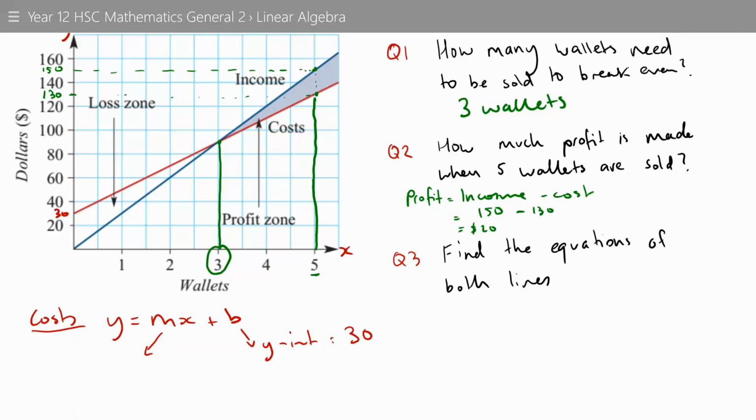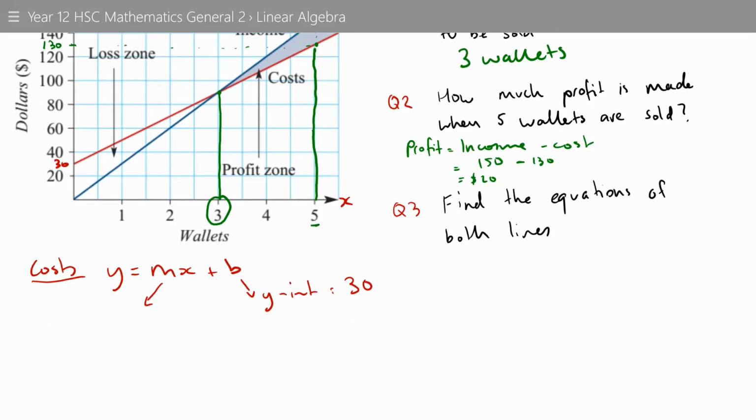The gradient. We need to make a right-angled triangle somewhere appropriate on this red line and do rise over run. So we know that m, the gradient, equals rise over run. I'm going to pick this point because it's a nice intersection, and this crosses this point here very nicely as well. So there's my right-angled triangle.